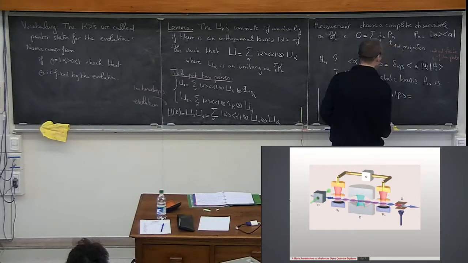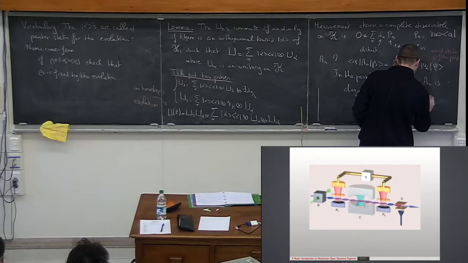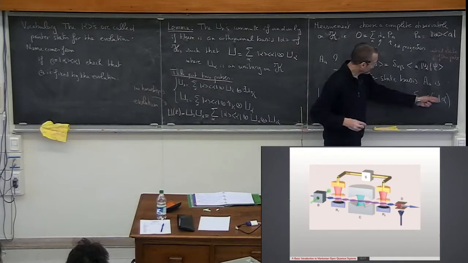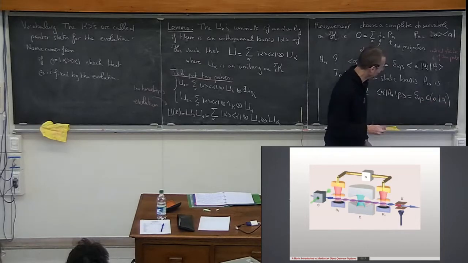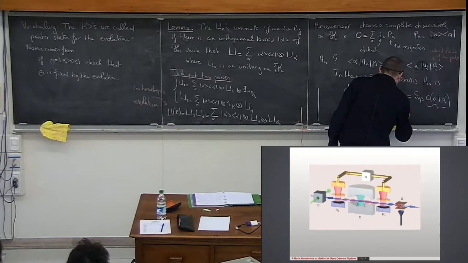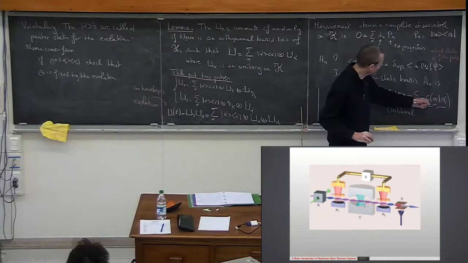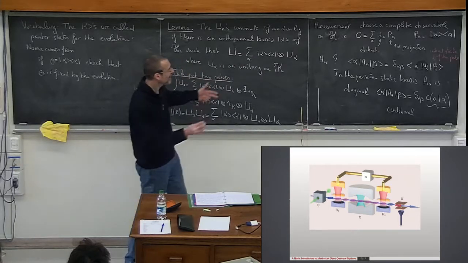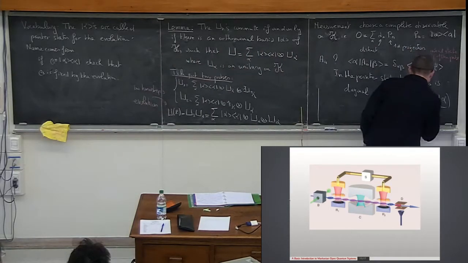To have a slightly shorter notation, it's just delta alpha beta, and then I introduce a number, and I put here a bar, and this is not a scalar product or whatever. This is to remember that this is related to conditional probabilities, as we shall see later. Somehow, you can see this as an amplitude to find A, knowing that you are in pointer state alpha. So this is some kind of conditional probability. But at the moment, this is not just a notation. This is just by definition equal to what you get when you get A U alpha psi.